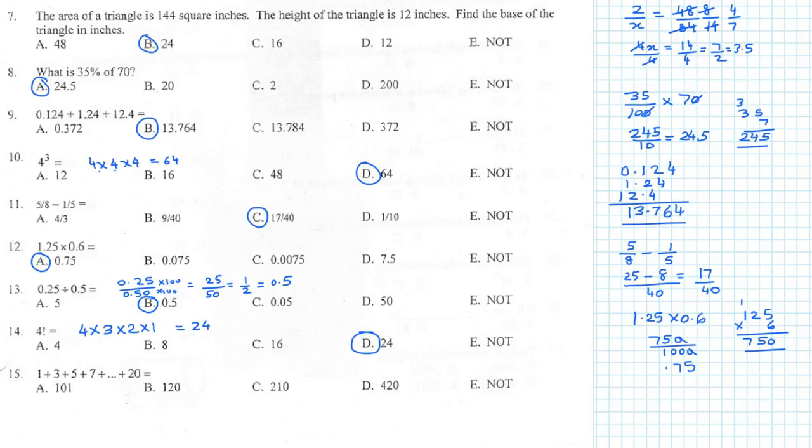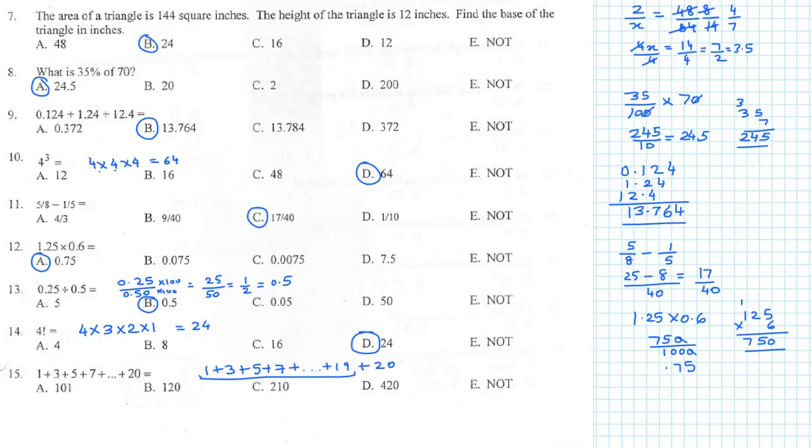So basically this series is 1 plus 3 plus 5 plus 7 plus all the way to 19, and then the last number is 20. So let's find the sum of 1 plus 3 plus 5 plus 7 all the way to 19, and then we will add 20 to it.